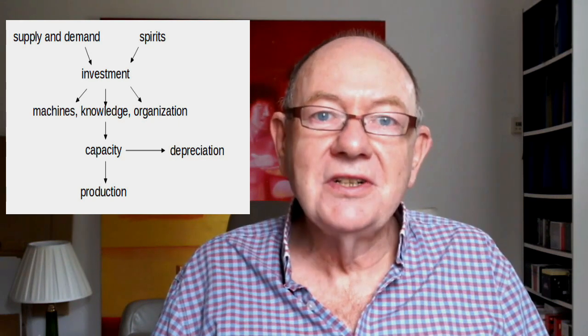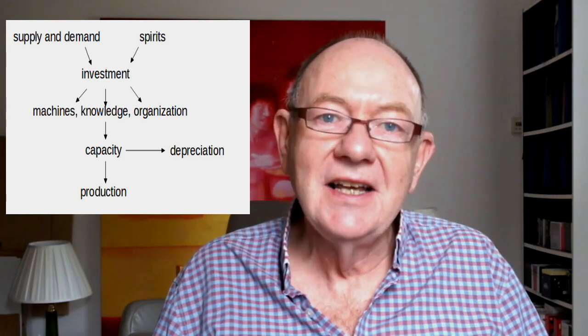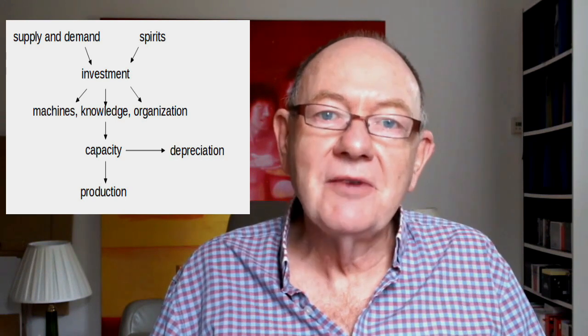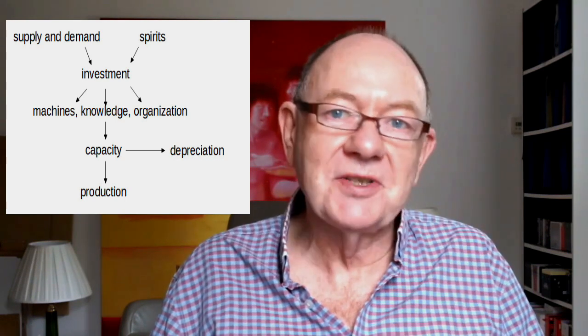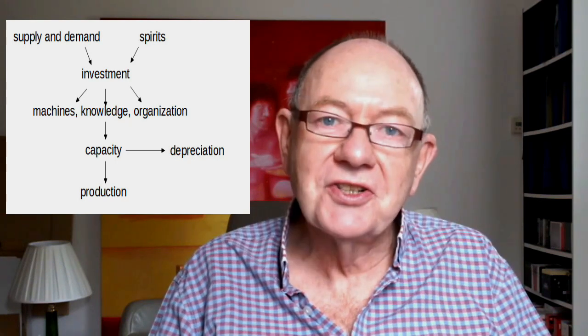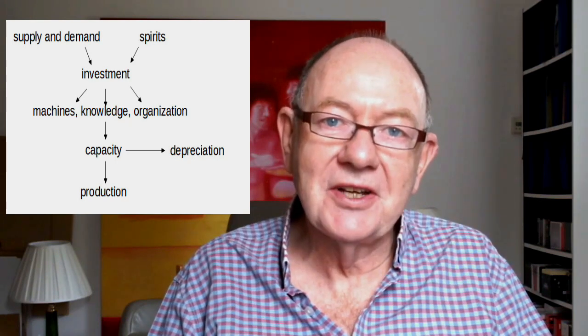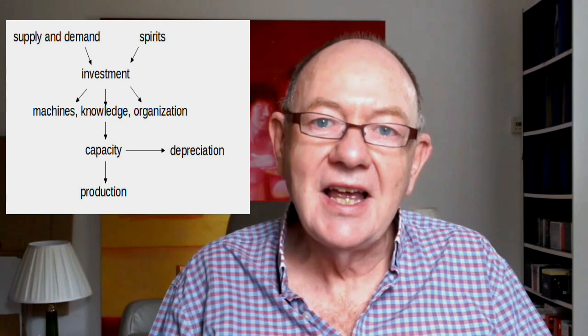If we do not continually invest in capacity, then it will deteriorate. There will be depreciation, and we assume a fixed amount, say 5% per year, of depreciation of the capacity of the economy in the absence of any investment.